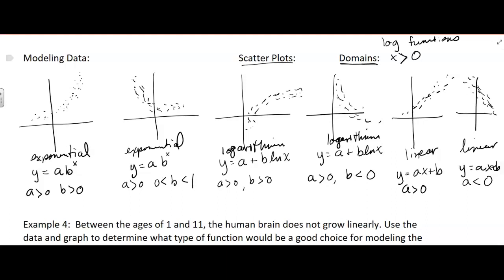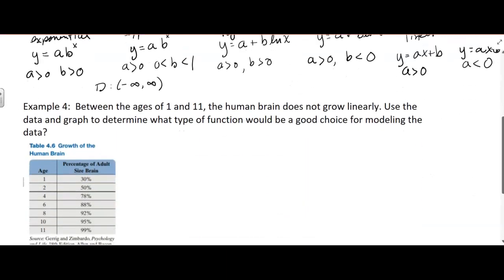You can't take the logarithm of a negative number or 0. So x has to be greater than 0. But for the exponential ones, here the domain is all real numbers. So you look at your data and you see what kind of domain you're looking at. Okay, that might help.